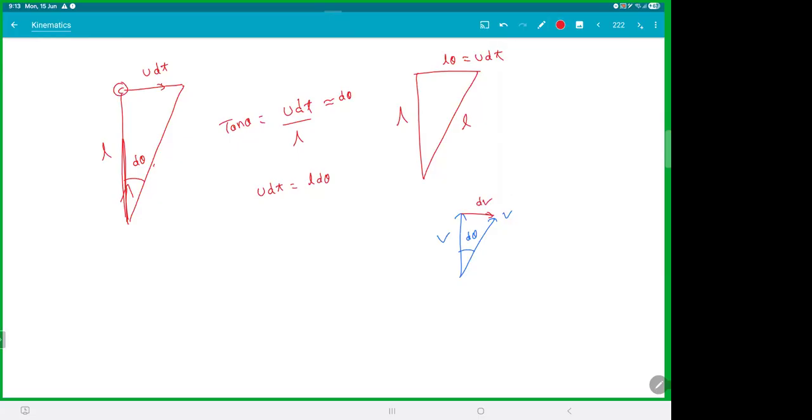So this is your dv vector. This you should know: 2v sine theta by 2. Again, same logic, since d theta is very, very small, sine theta becomes theta. The 2s got cancelled. I took this d theta and substituted here. We got dv by dt equal to uv by L. Okay with this? That's the whole thing we did.